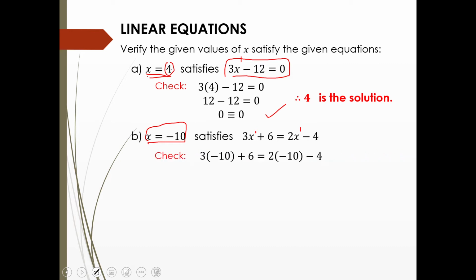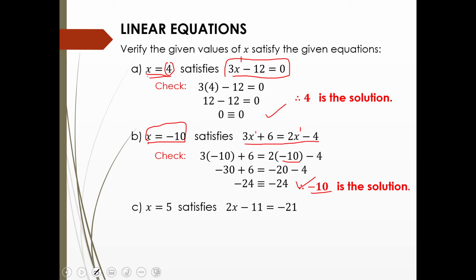Where x is minus 10, we replace x with minus 10 on both sides. So minus 10 times 3 is minus 30, plus 6 equals minus 20 minus 4. Minus 24 equals minus 24, so again we obtain a true statement, so we can conclude that minus 10 is the solution of this linear equation.